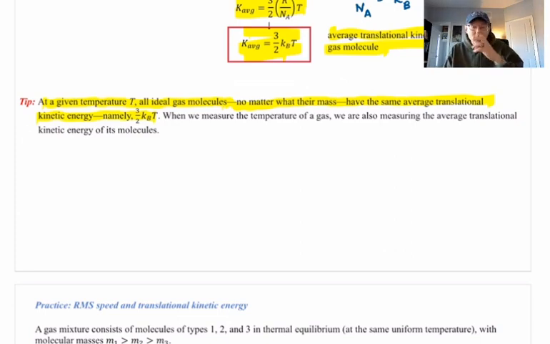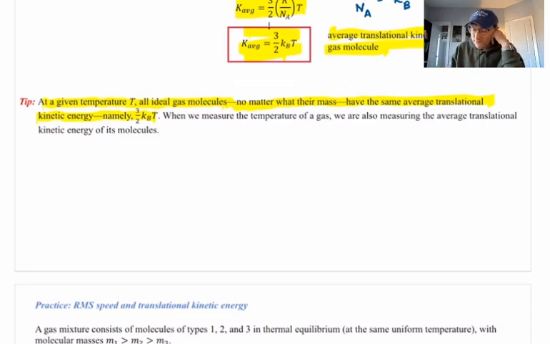So it doesn't matter whether the gas molecules zipping around inside the box are hydrogen molecules, or nitrogen molecules, or oxygen molecules, or helium atoms. If the box has temperature T, then every one of those atoms has the same value for its average translational kinetic energy. The only thing that determines the average translational kinetic energy of atoms or molecules in a box is the temperature.